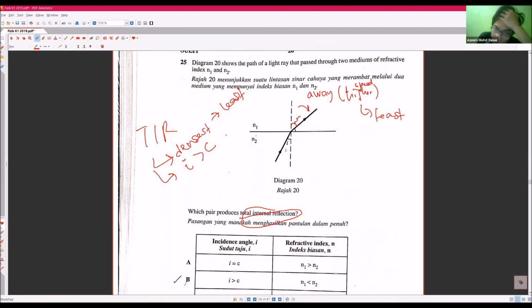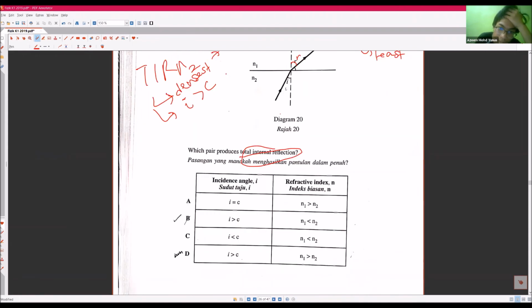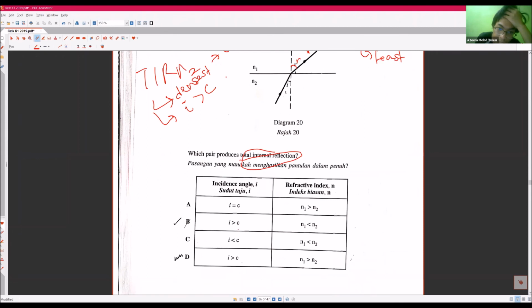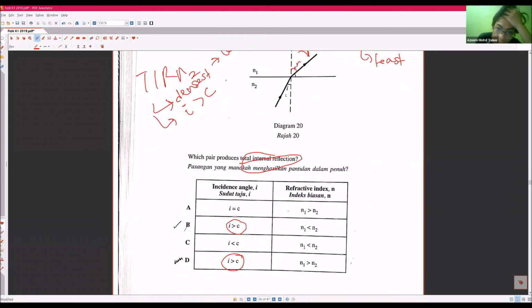Whereas M2 must be densest. So it must be from M2 to M1. The incidence angle over here must be greater. Refractive index M2 greater than M1. So that is B.